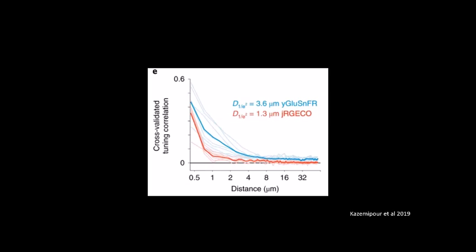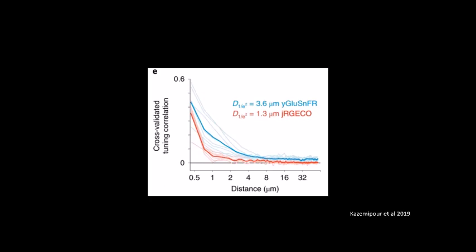You can do this in a reliable way that's not affected by, for example, movement, and where you expect it to decay to zero under most conditions, except due to the structure of the tuning response. And so here you see these spatial extents, and the spatial extent of this particular iGluSniffer variant is multiple microns. There are different variants of iGluSniffer. This variant is an A184S variant, and those are particularly bad.